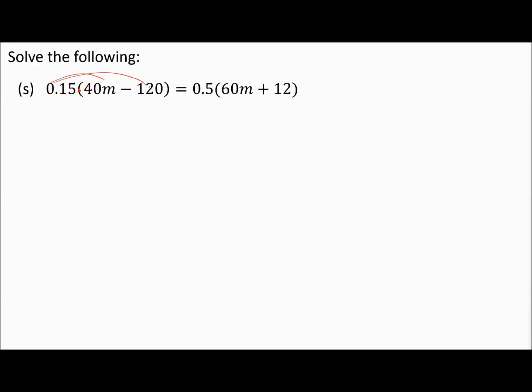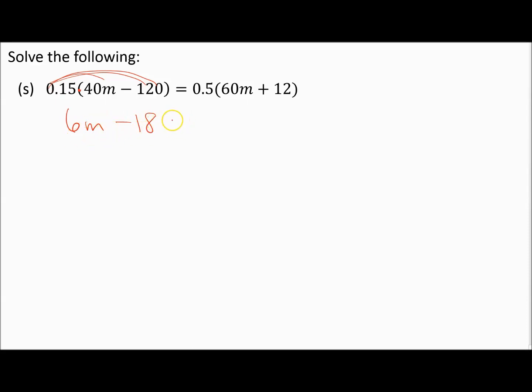So I'm going to use my calculator to multiply 40 times 0.15. And that gives me 6. But there's also an m right there. And I'm also going to multiply 0.15 times negative 120. So 0.15 times 120 is 18, but since it's a positive times a negative, that's minus 18.